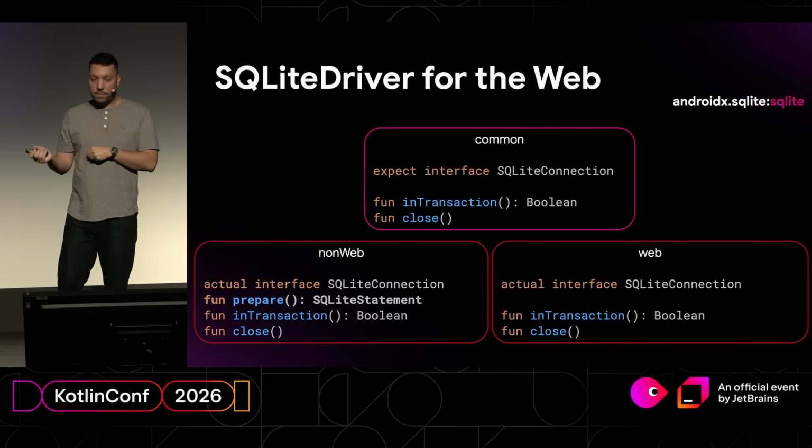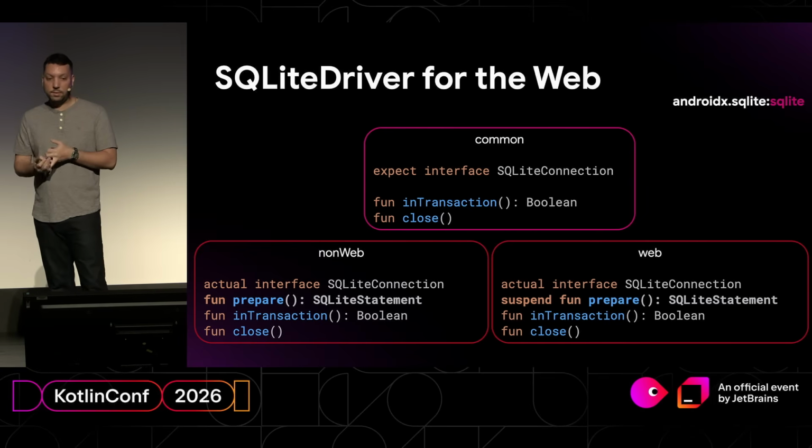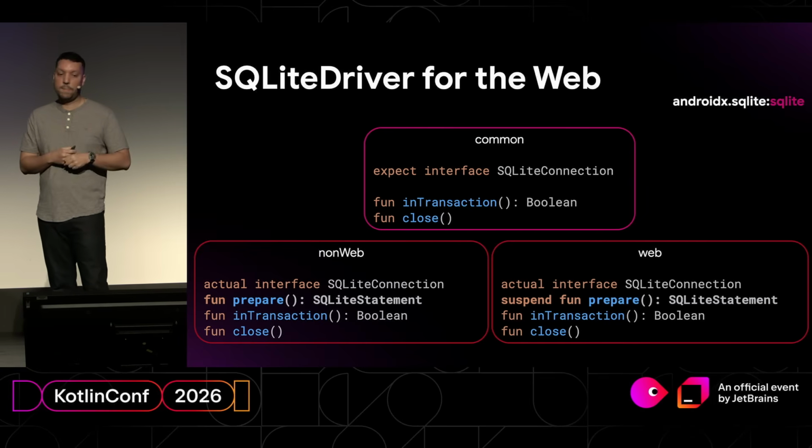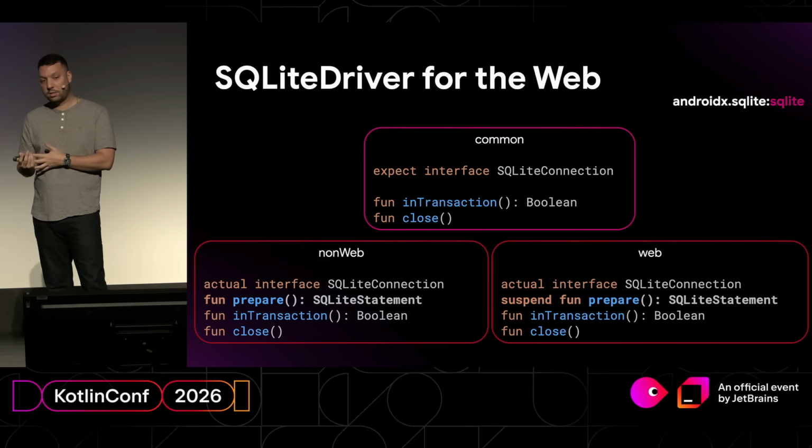But on the web, these interfaces are asynchronous, because on the web, as you saw, IndexedDB and OPFS specifically are asynchronous. And if you use a web worker, they're going to be asynchronous. And this might be weird, but this is exactly how we would like you to use this interface. If you have common code that doesn't target web, the most efficient way to use Room and SQLite is through blocking functions. But if you are targeting web, then you have to use an asynchronous function.